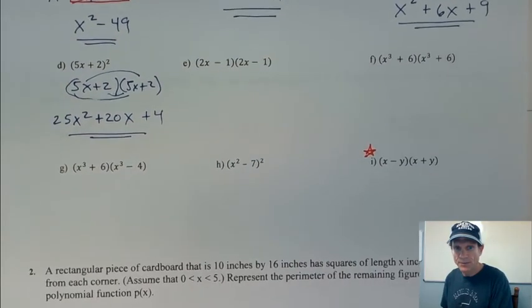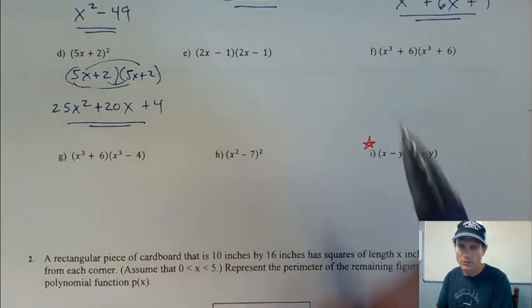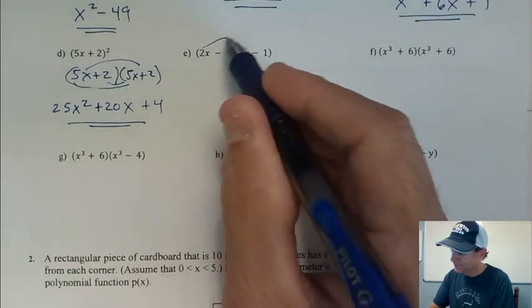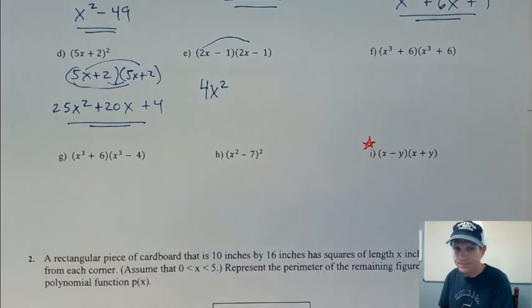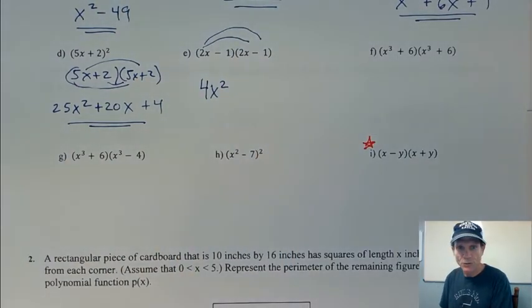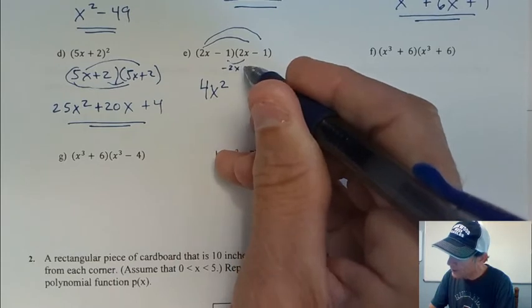Okay. Next, we have matching binomials, so that falls under special product. 2x times 2x is 4x squared. Outside is negative 2x. Inside is negative 2x. Sometimes I write those down just real small and look at them.